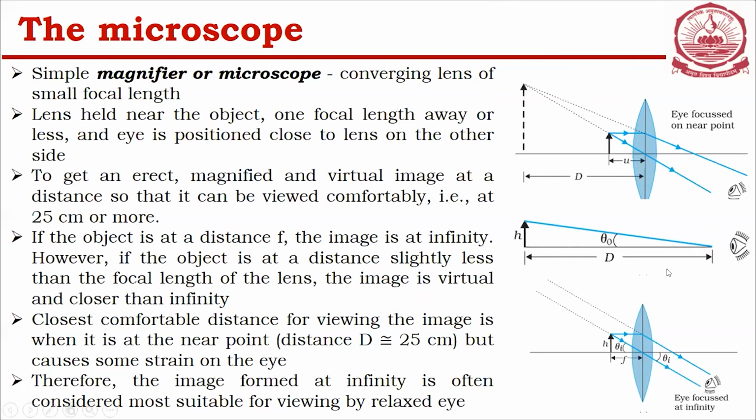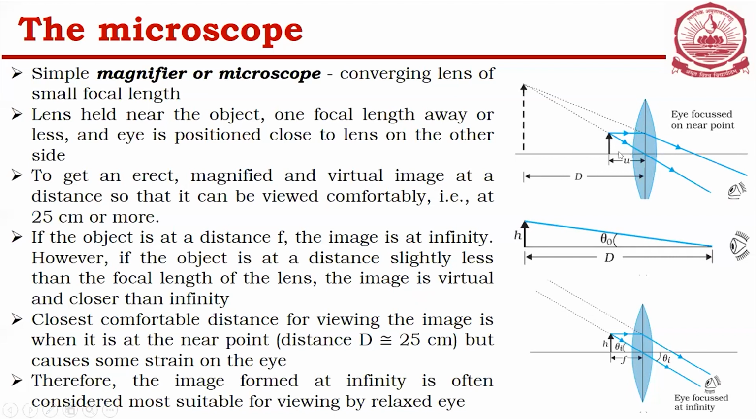If you want to bring it closer so that you get a better, magnified image, you have to put a lens. Look at the first image: in front of your eye, you can bring the same object, which was at 25 centimeter distance, closer.